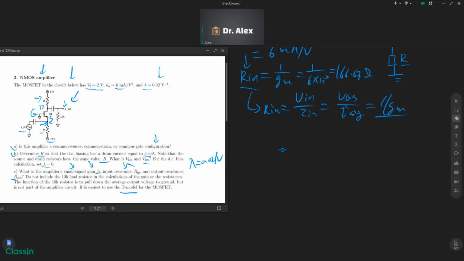Now we will calculate the output resistance. First of all, we will calculate RO, the embedded output resistance. If lambda is 0, as for an ideal MOS transistor, RO should be infinite. However, for this question lambda is not 0, so we get a finite value for RO, which is the reciprocal of lambda times ID, with ID being 3 milliampere, giving 16.67 kilo ohm.